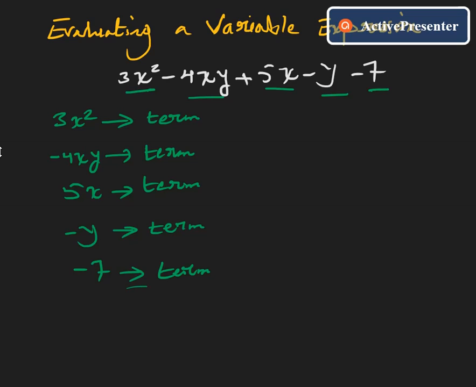This term, minus 7, is called a constant because it doesn't have a variable part. It's only a number. So this term here is a constant.